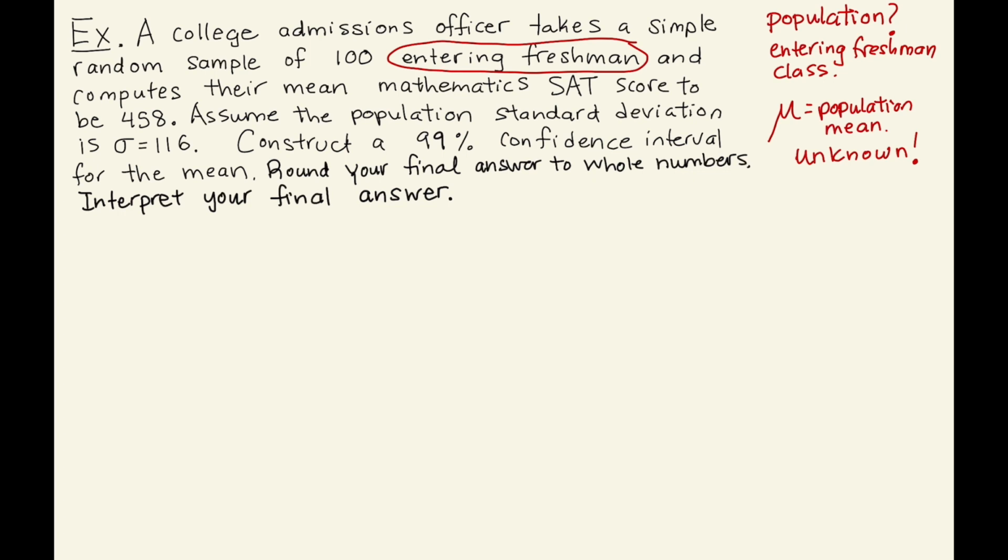What we do have, though, is a sample of 100 of these entering freshmen, and we have their mean SAT score, and that is 458. So that is our sample mean. I'm just going to make sure that's clear: x bar equal 458 is the sample mean, and that is what we would call a point estimate for the population mean mu.